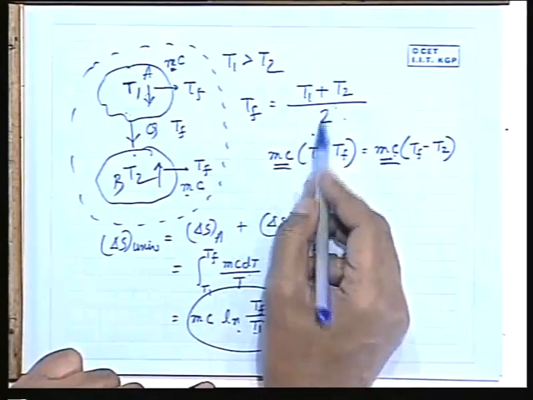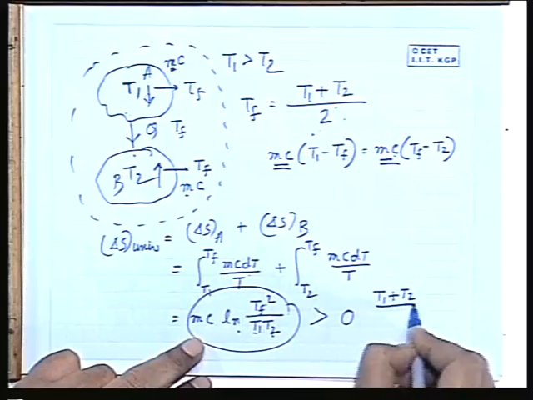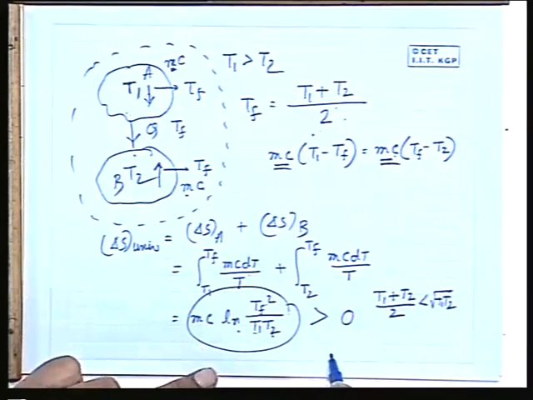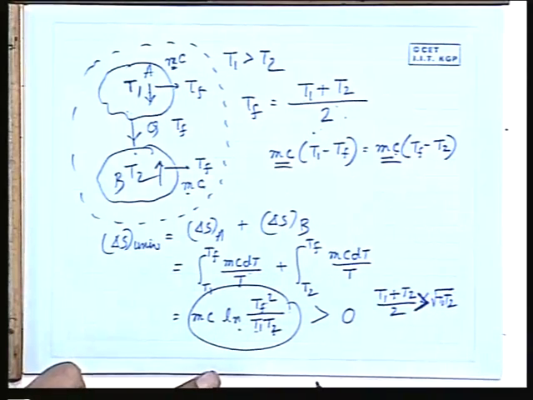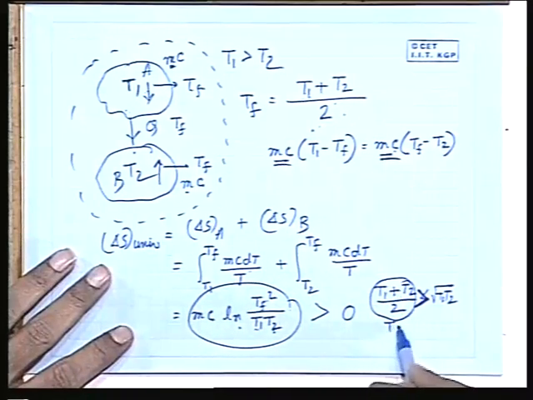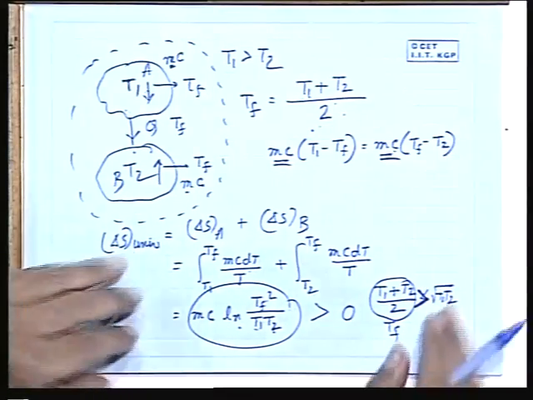So always (T1 plus T2) by 2 is greater than root over T1 T2; the arithmetic mean is greater than the geometric mean. So this minus this is greater than 0, all right.